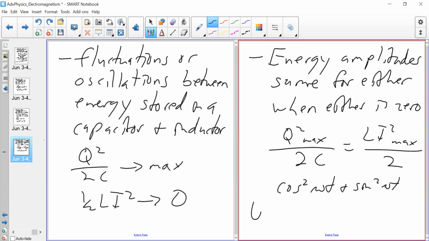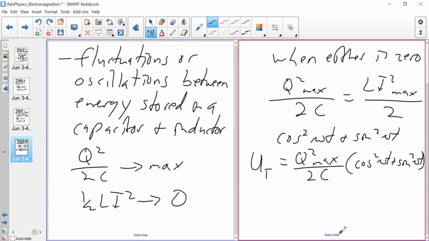So the total energy in an LC circuit, cosine squared omega t plus sine squared omega t, is equal to Q squared max over 2C, which should make total sense because this is when t is equal to 0.